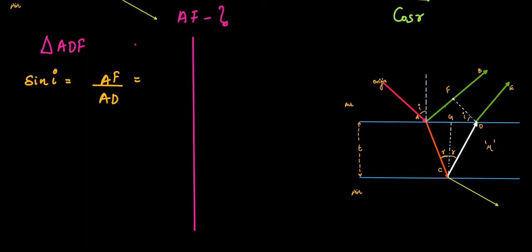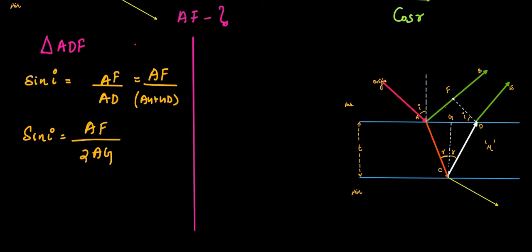So sine I is equal to AF divided by AG plus GD, or AF divided by 2AG. Therefore, AF is equal to 2 into AG into sine I.